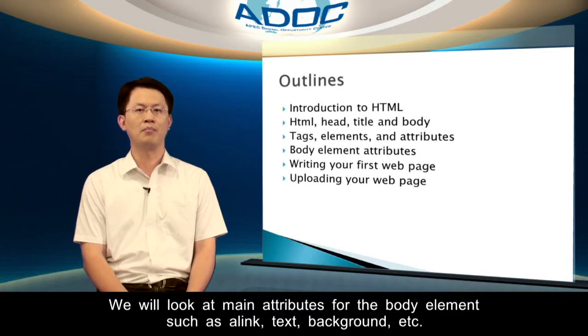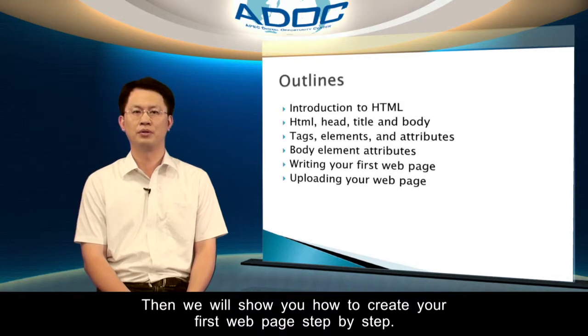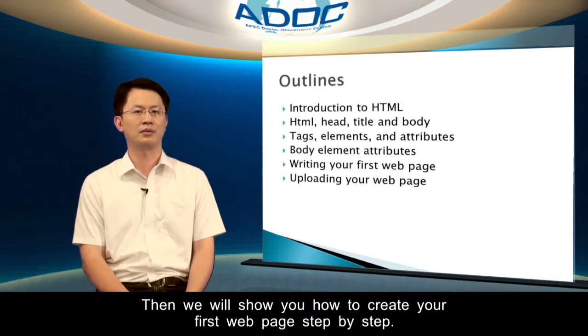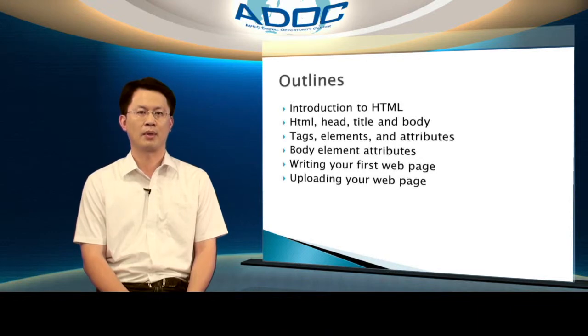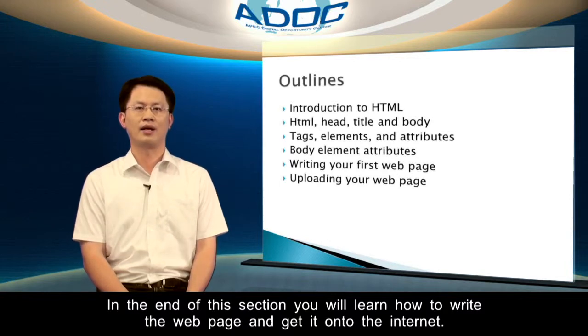We will look at the main attributes for the body elements, such as a link, text, background, etc. Then we will show you how to create your first web page step by step. At the end of these sections, you will learn how to write a web page and get it onto the internet.